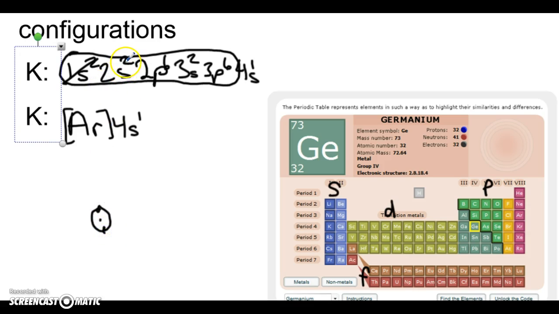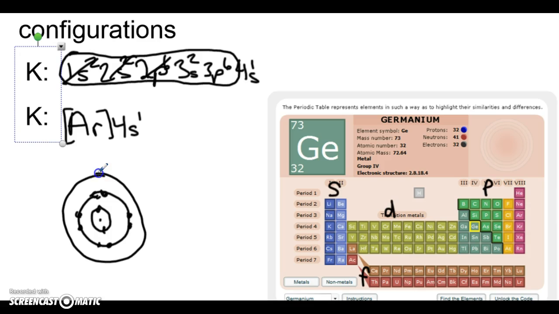On the second shell, there's 2 plus 6 more, so there are 8 on that second shell: 1, 2, 3, 4, 5, 6, 7, 8. On the third shell, there are 8 again for the 3s2 and the 3p6. And then on the fourth shell, there's just 1. That way you can answer how many electrons are in each shell and in each subshell. Hope that helped.